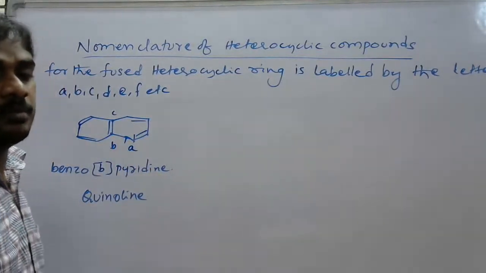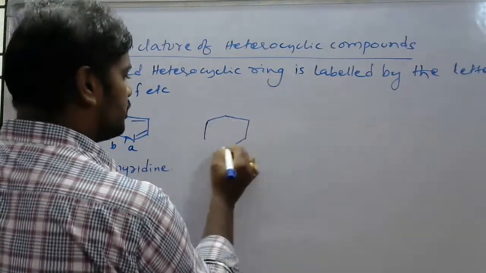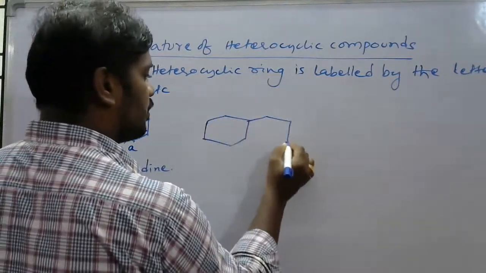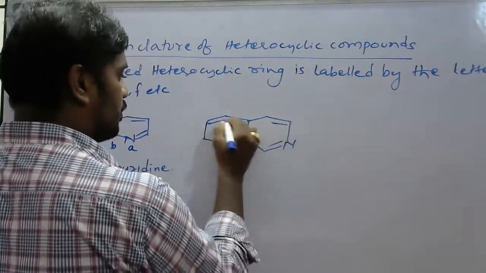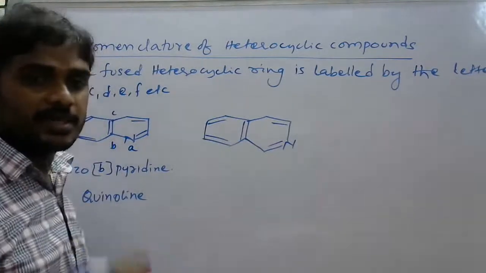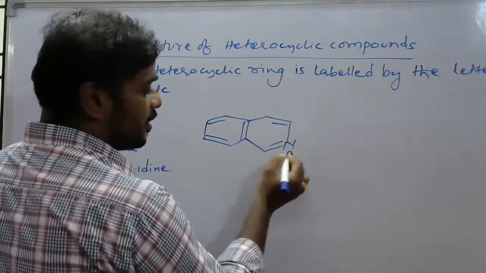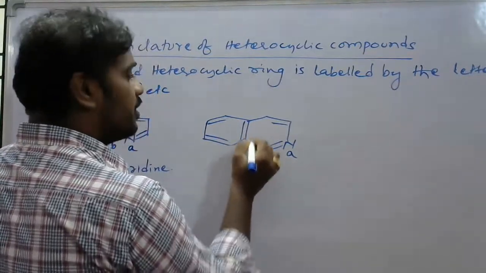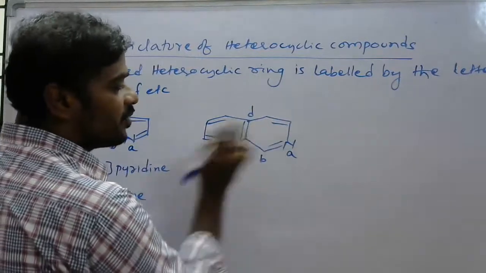Next, another heterocyclic ring system. We give the numbering from the heteroatom: heteroatom A, next atom B, next atom C, then the junction. Here this is a homocyclic ring and this is a heterocyclic ring.